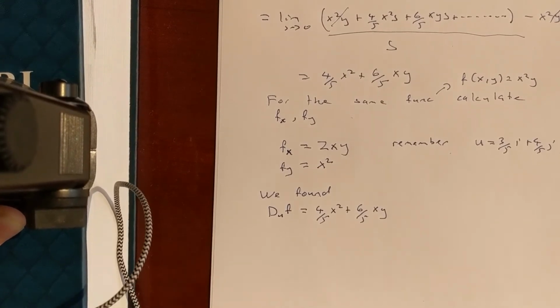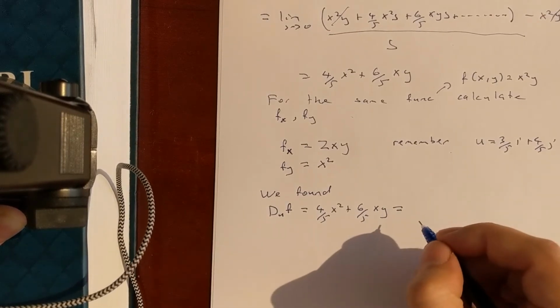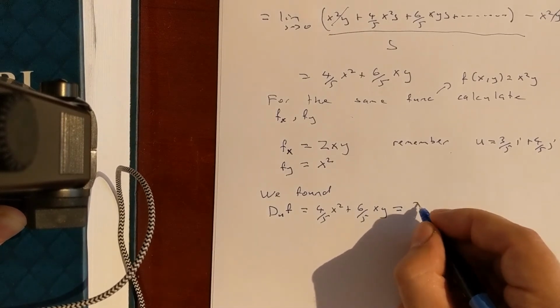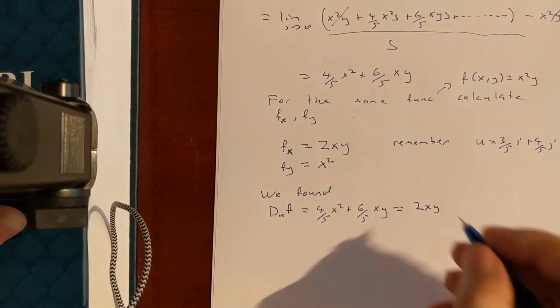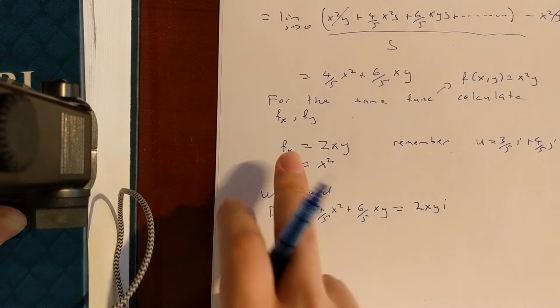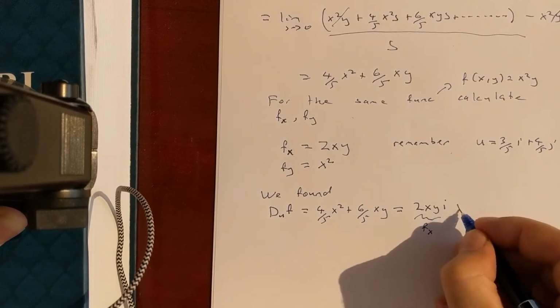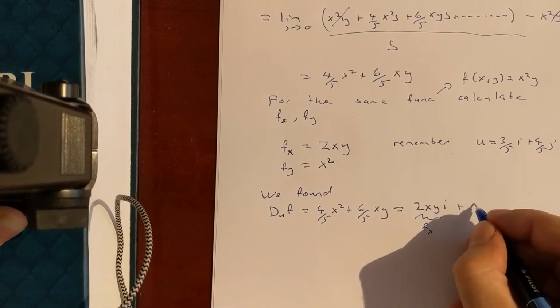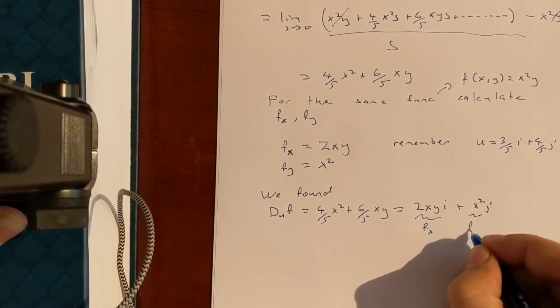I think this is going to be equal to 2xy i, I'm just taking the f_x. This is f sub x. Plus I'm going to take x squared j. This is just f sub y.